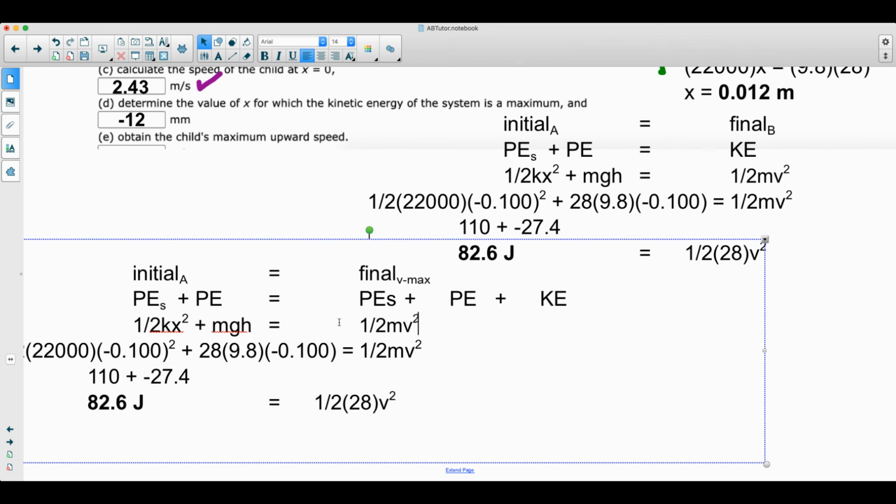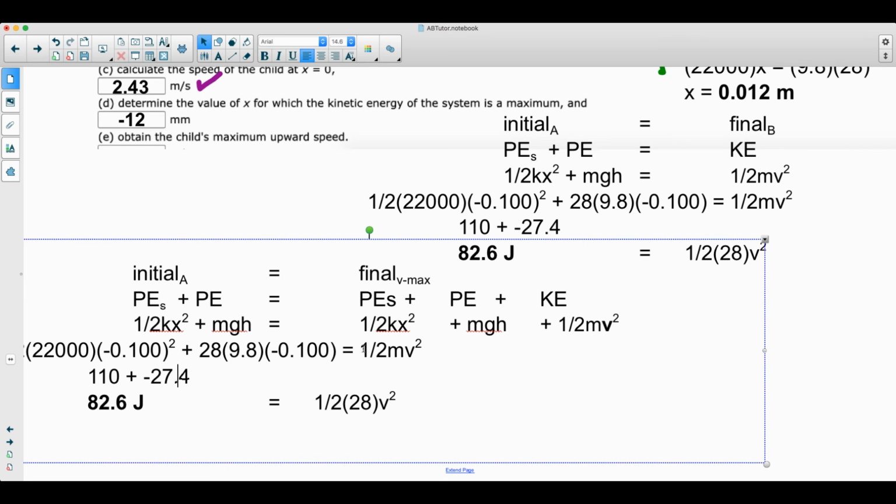Oh boy, this one's going to be a little messy. That's okay though. So we already know this side is 82.6. That's convenient. This side, we have 1/2 kx squared plus mgh plus 1/2 mv squared, and this v is actually what we're looking to solve.